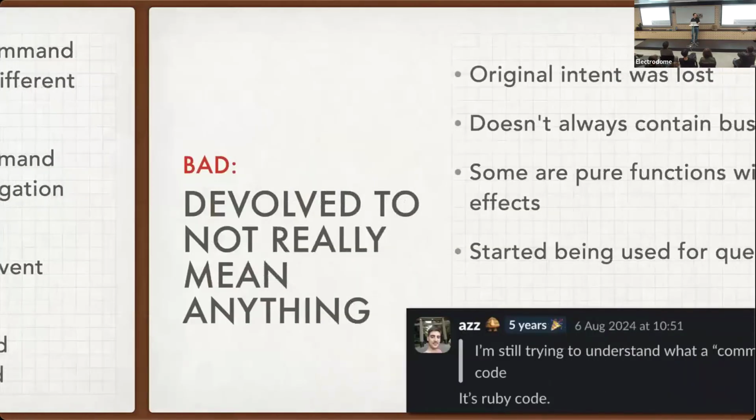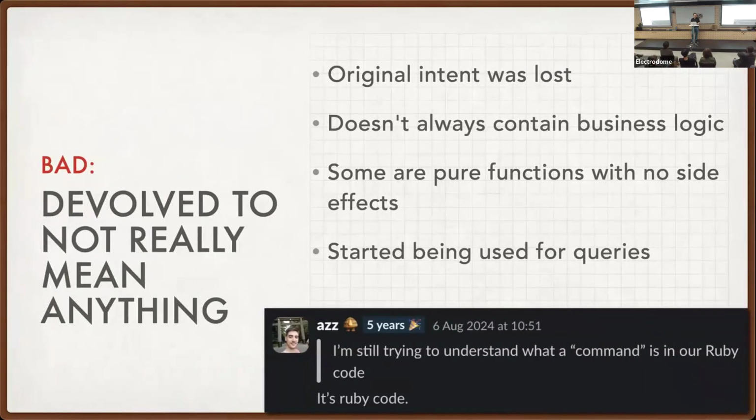And that brings me to the commands have kind of devolved to not mean anything. I think the original intent from Langers was that it was supposed to be like the CQRS thing. It was supposed to be, these have side effects, they mutate the system. But that was lost over time. We now have commands that don't contain any business logic.